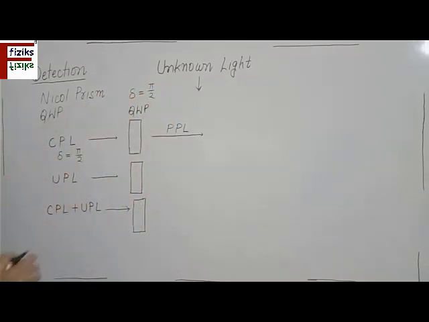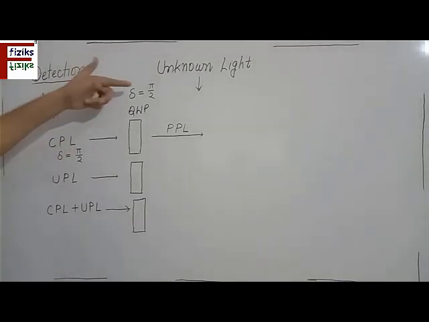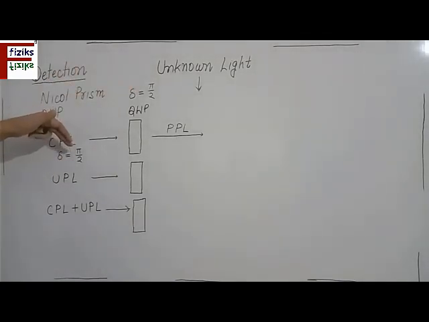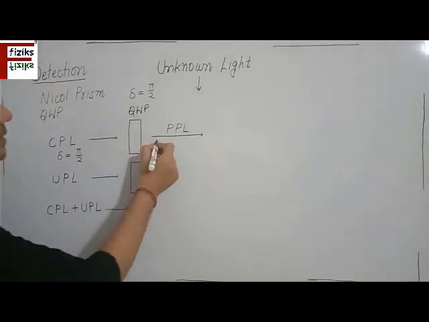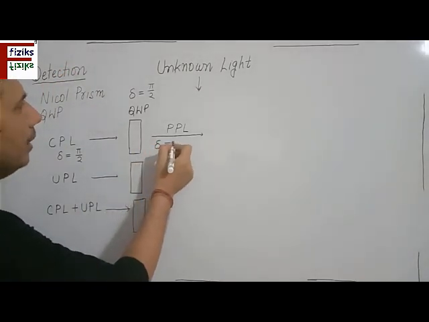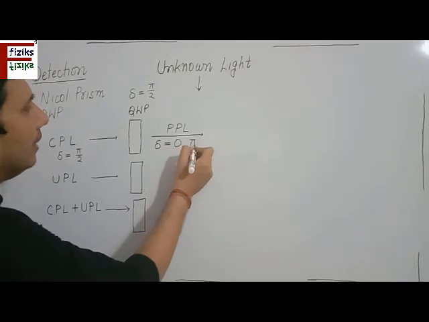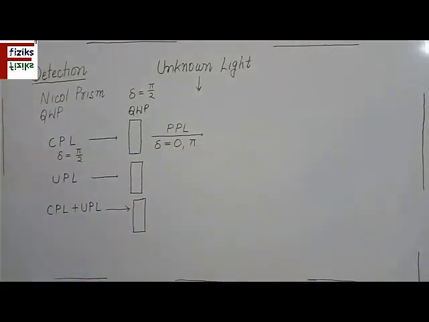Now these two phases will merge with each other, so either they will add or they will subtract. So either this will be pi by 2 plus pi by 2, or pi by 2 minus pi by 2. So on this side we will have delta equal to either 0 or pi, and delta equal to 0 or pi is the condition of plane polarized light. So when circularly polarized light is passed through the quarter wave plate, it will convert into plane polarized light with delta equal to either 0 or pi.